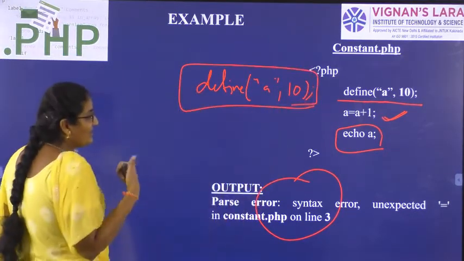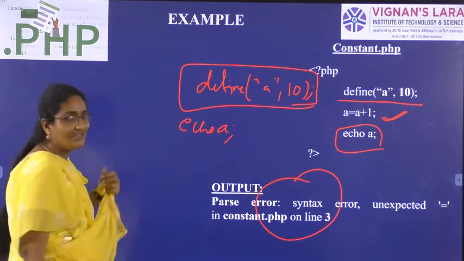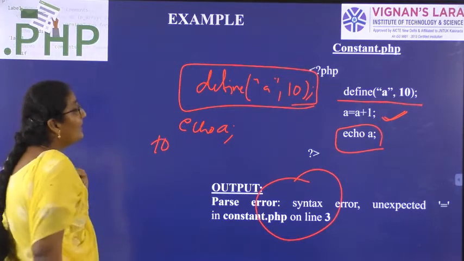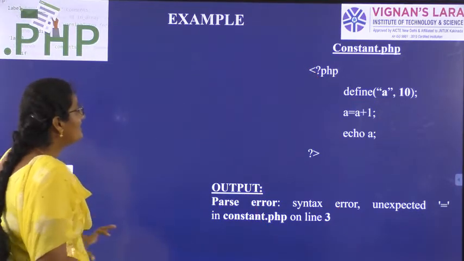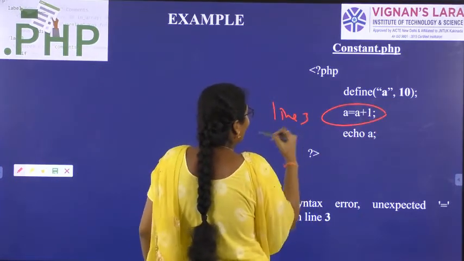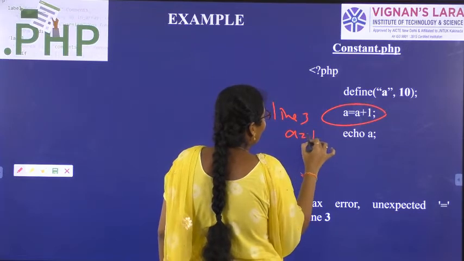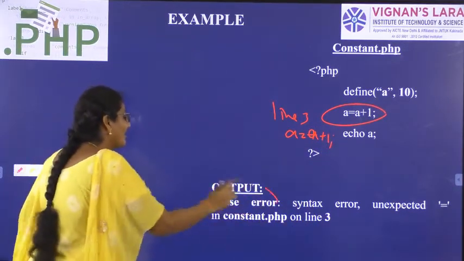Creating of constant is done. I want to print that constant, then I will get the output as 10. But in between I have incremented the value, that's why. See here in the third line, we have the error in line 3. What is the error? We have incremented the a value by 1.